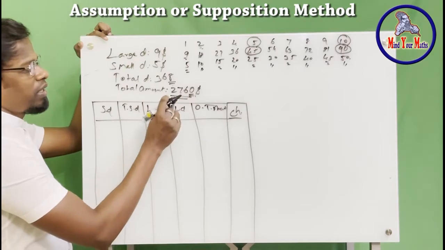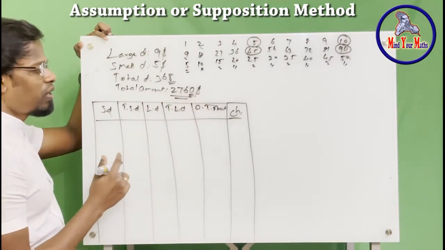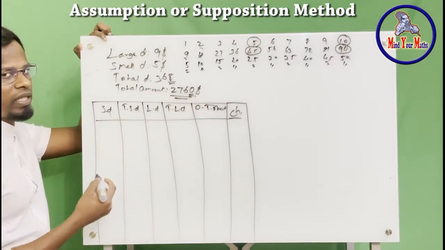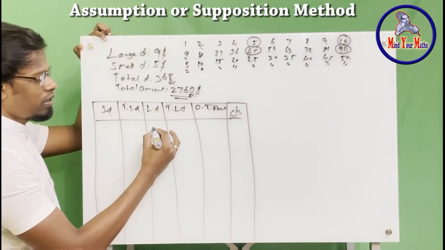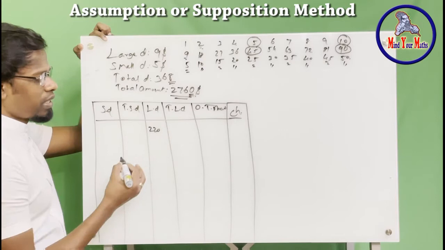Because the number is so huge, let's start with something bigger for multiplication. For the large one, let's start with about 220.